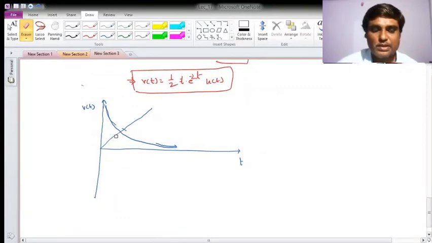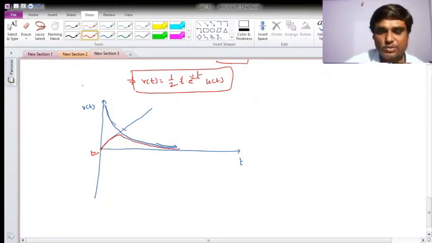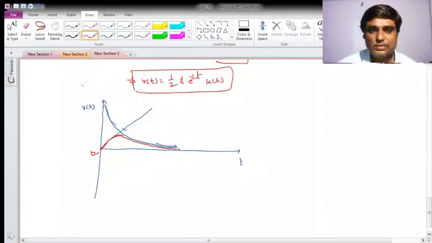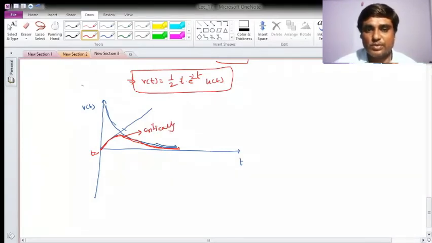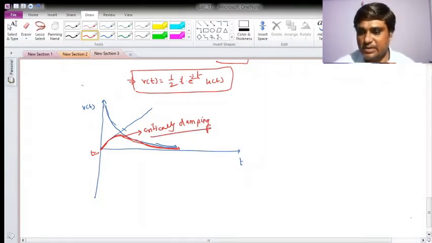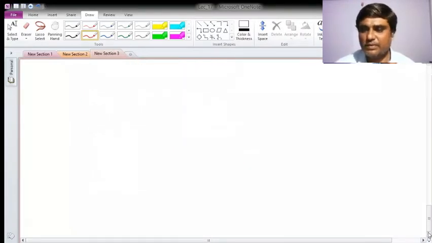If I multiply this and this, what will happen? Initially at t is equal to 0, your voltage is 0, it is increasing like this, and then it will be tending to 0, right? It will be something like this. So this behavior is called the critically damped response. And why it is called critically damped response, we'll see later when we summarize all four cases.